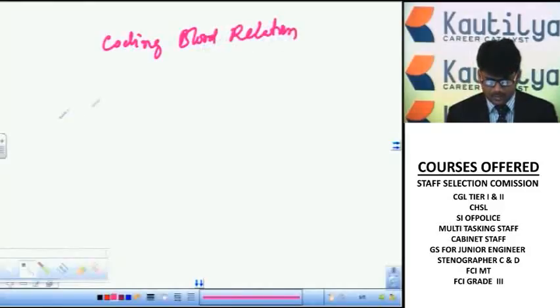First, the problems based on the coding equation method in coding blood relations.